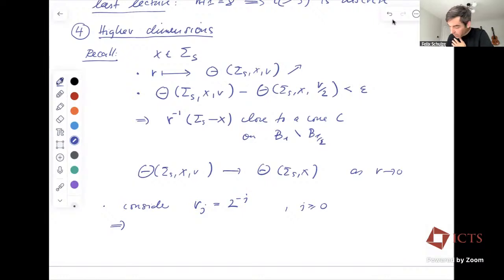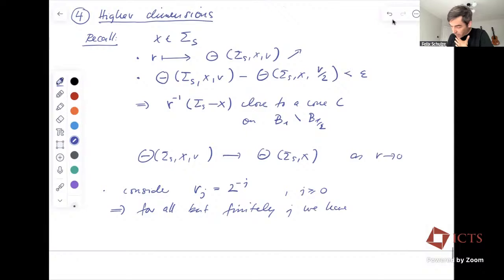Now, for all but finitely many, you see, we can only finitely many times drop an amount of epsilon, otherwise we are smaller. So for all but finitely many j, we have that r_j^{-1}(Σ_s − x) is close to a cone.